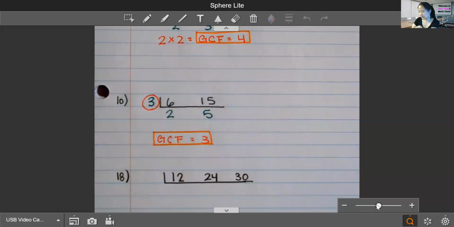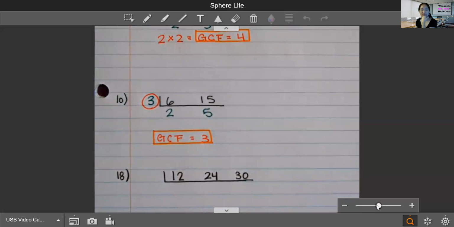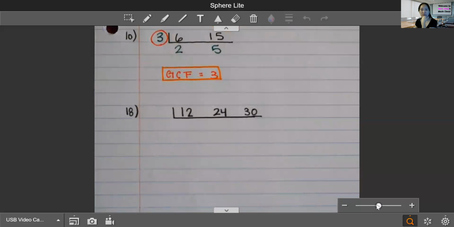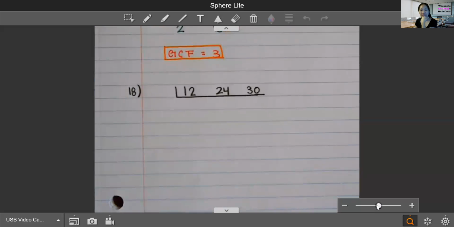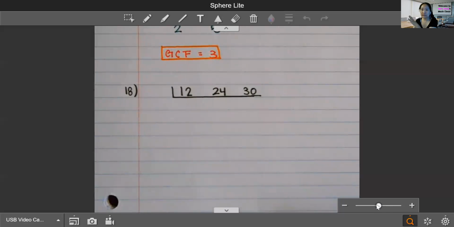Okay. Now it's a little tricky because now I have to think about a factor that not only goes into two numbers, but it has to go into all three of them. But do you notice that all three of these numbers are even numbers? So when you have all even numbers, there is a number that would definitely go into all three of them, which is 2. Okay.